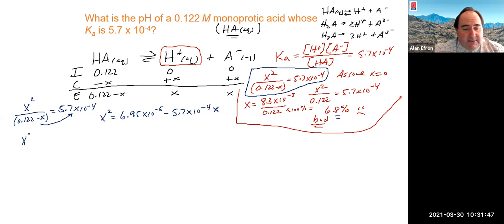That's going to give us x squared plus 5.7 times 10 to the minus 4x minus 6.95 times 10 to the minus 5 would equal 0.